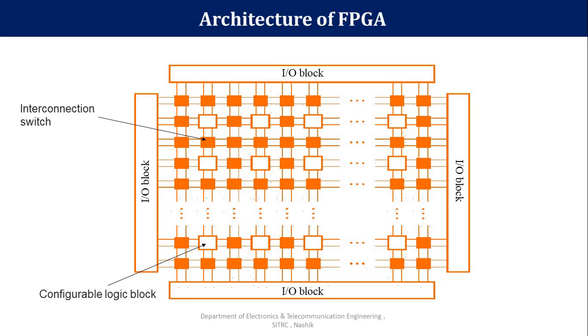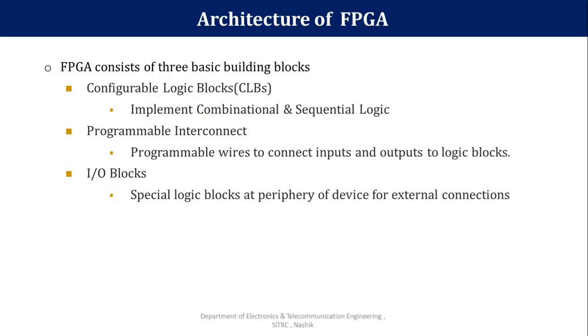Hence, FPGAs are capable of implementing larger circuits compared to CPLDs, because in a CPLD the main logic blocks, the PAL blocks, have some limitations, but here we can use thousands or more configurable logic blocks. All these blocks and interconnection switches are surrounded by the IO blocks. Hence, FPGA consists of three basic building blocks: configurable logic blocks, programmable interconnect, and IO blocks.